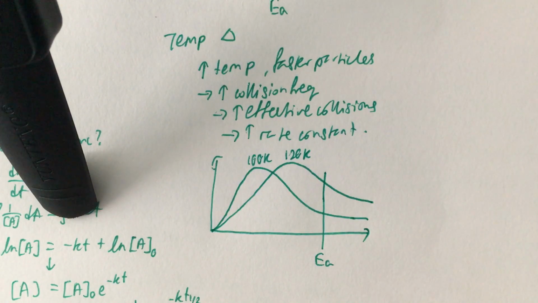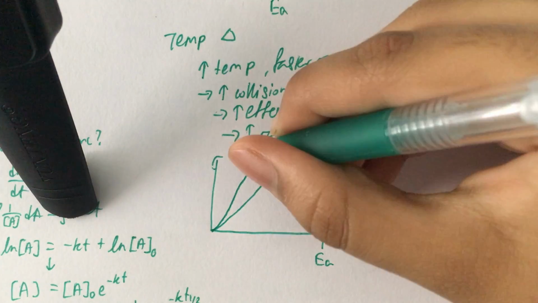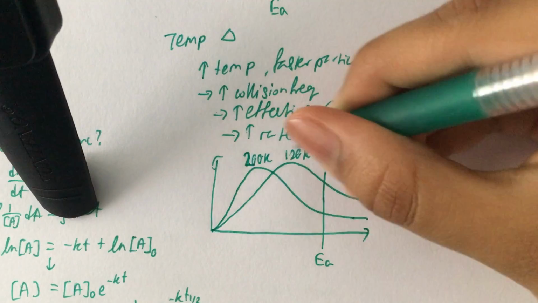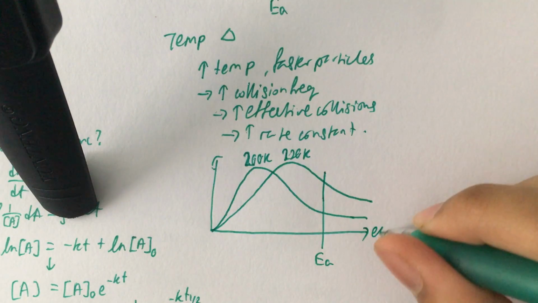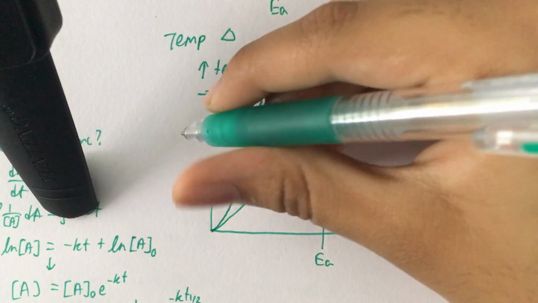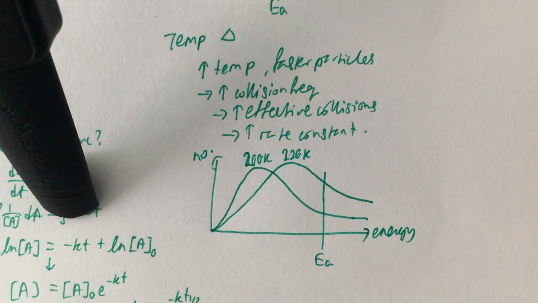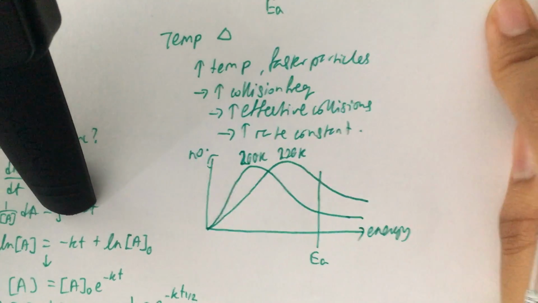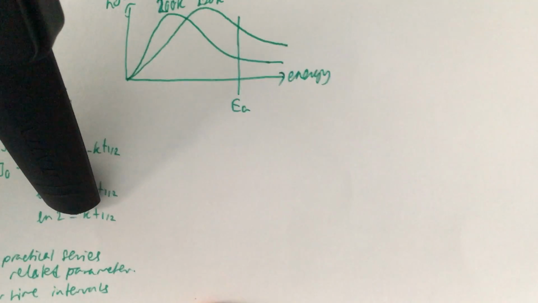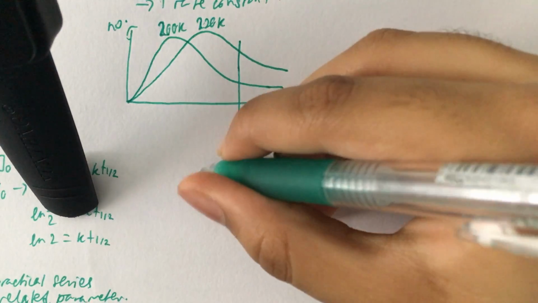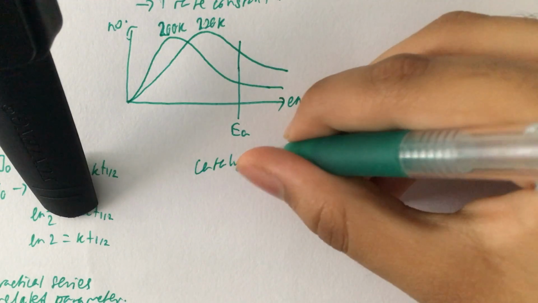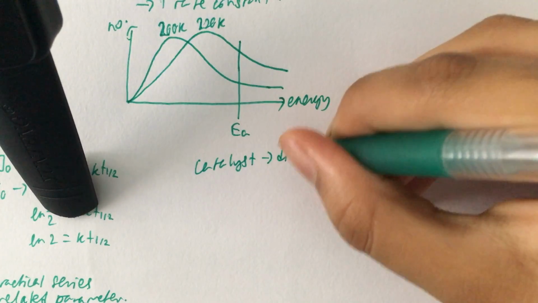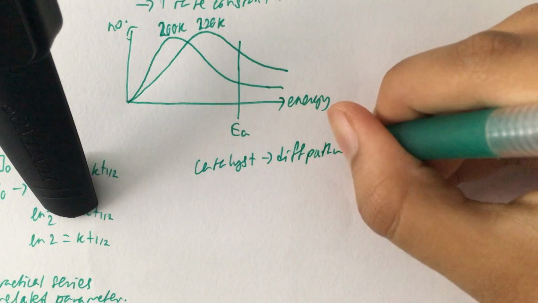Okay, so the next one is about catalysts. How does the catalyst affect the rate and rate constant, and how do you view this on the Boltzmann distribution? As I mentioned earlier, the catalyst does its job by allowing the reaction to proceed using a different pathway or mechanism which has a lower activation energy.